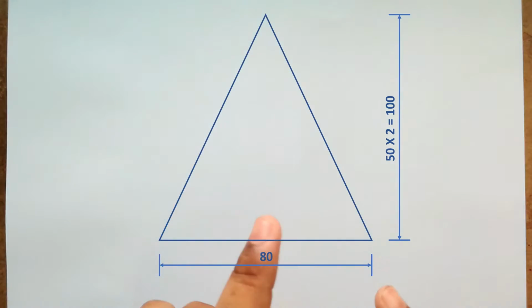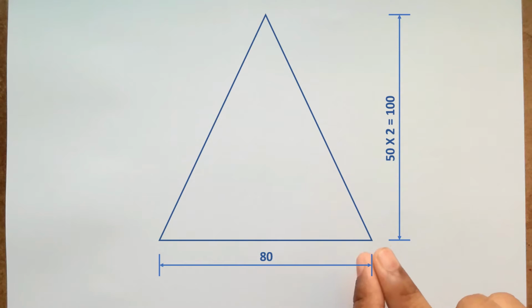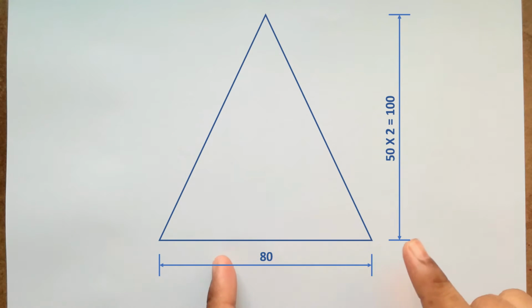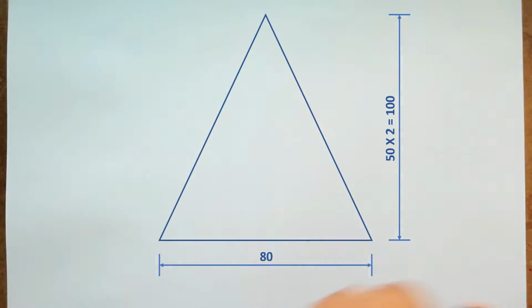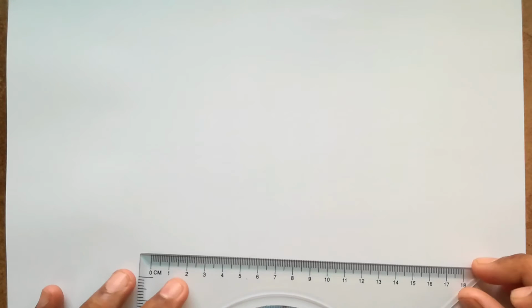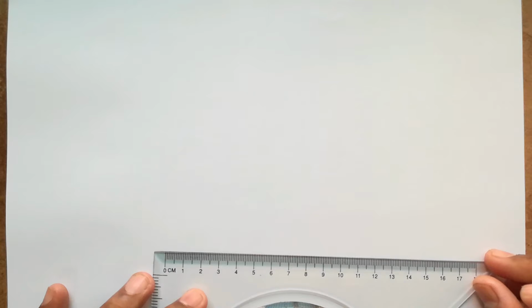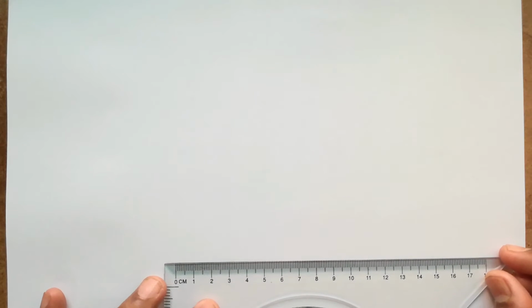So we are going to draw a triangle which is going to have a base of 80 mm and the height of 100 mm. So let us start to draw that triangle. So for that I will start by drawing the horizontal line of 80 mm.